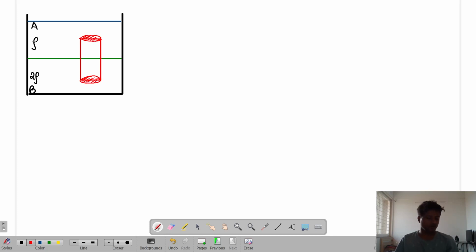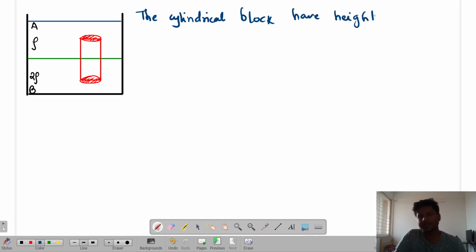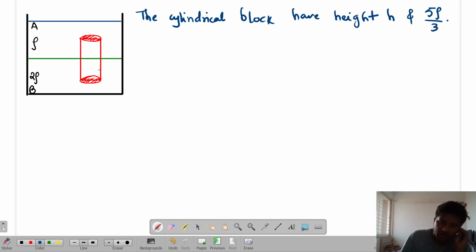The condition is the cylindrical block has height h, total height h, and density 5 rho by 3. And this cylinder is in equilibrium right now.